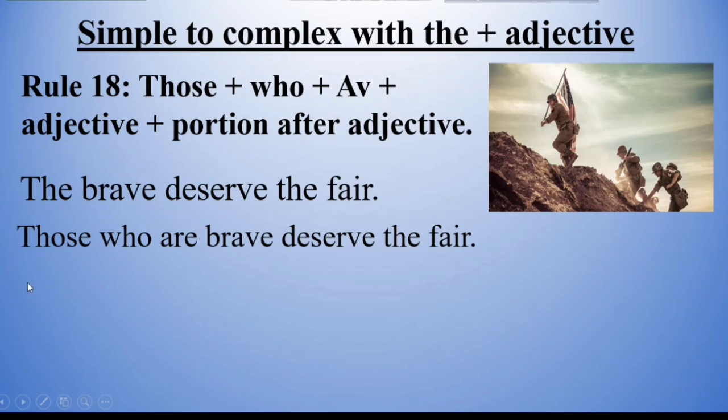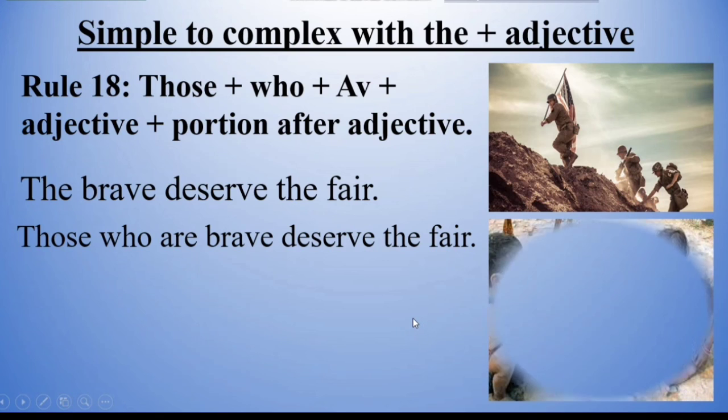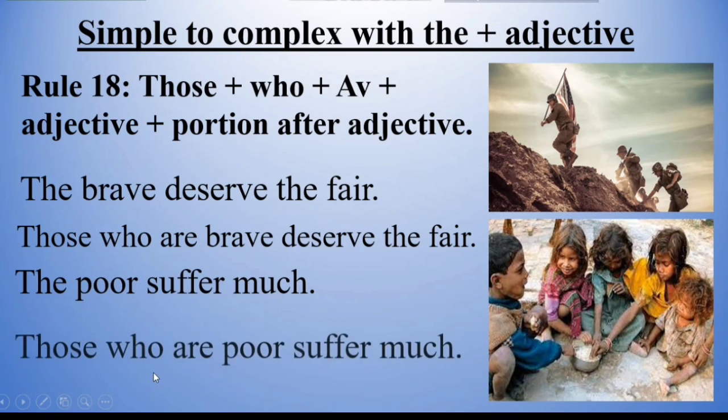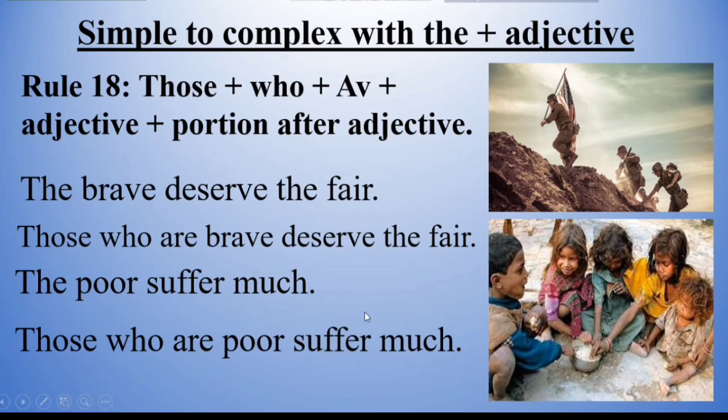The brave deserve the fair. At first we put those and then who and then auxiliary verb are and then the portion after adjective: deserve the fair. The poor suffer much. Those who are poor suffer much.